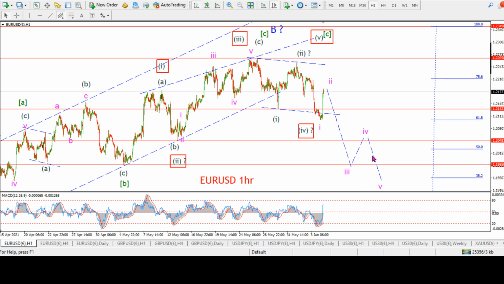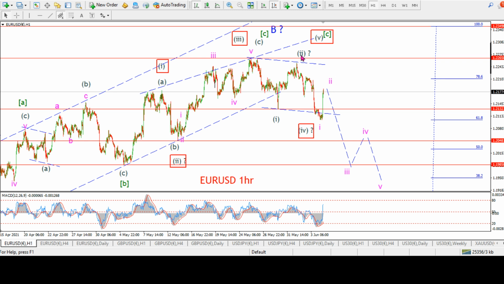So I'm not overly worried about the fact that it's only 3 waves down yet. I'm willing to give this a chance to build to the downside. It's a possibility that we have a 5, 3, 5, possible 3-wave pattern building here again in a second wave.